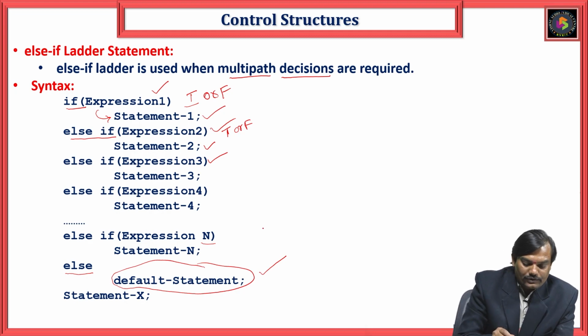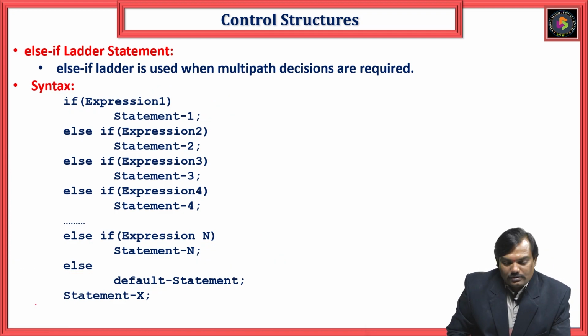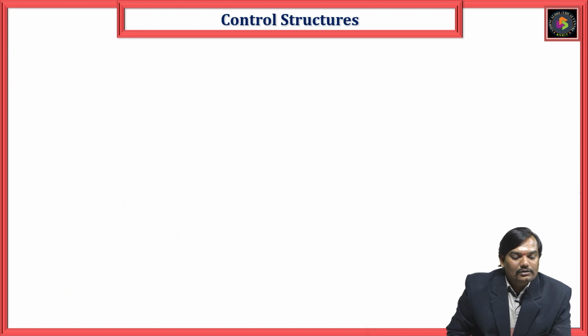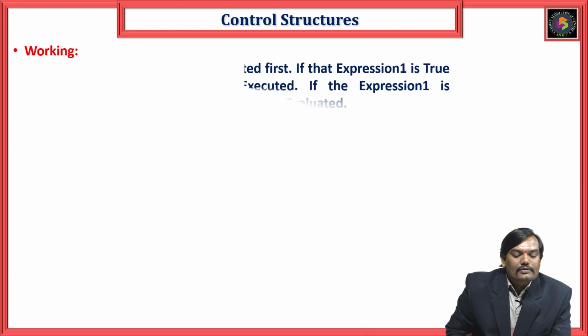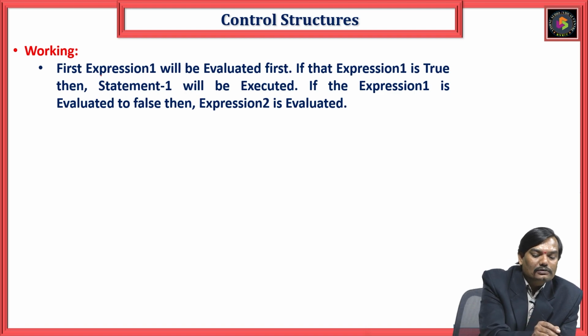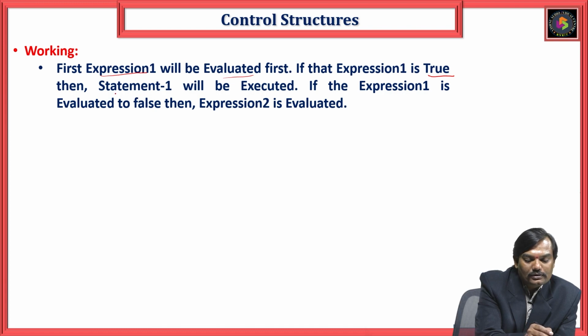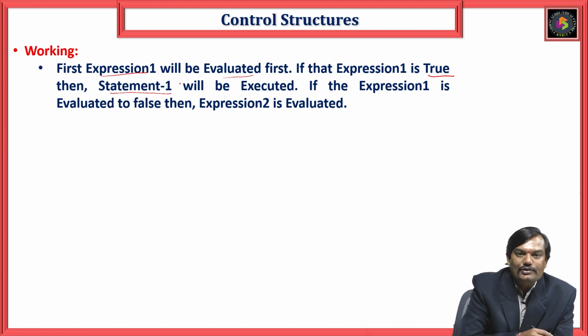What is the working of this statement? Let us see the working of this statement, already discussed in the syntax. The if statement will test expression 1. If expression 1 is evaluated to true, then the statements in the if block get executed, so statement 1 inside the if block gets executed.